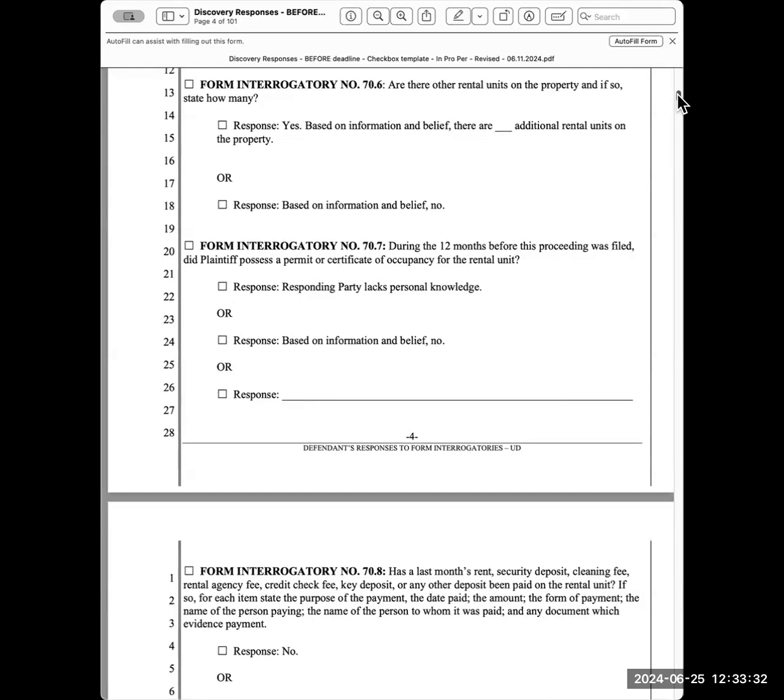So if you're living in an apartment building and there are 100 units total, and one of them is yours, there are 99 additional rental units on the property. If you know this information, you check here and you can put in the number of additional units here. Otherwise, you can check here.